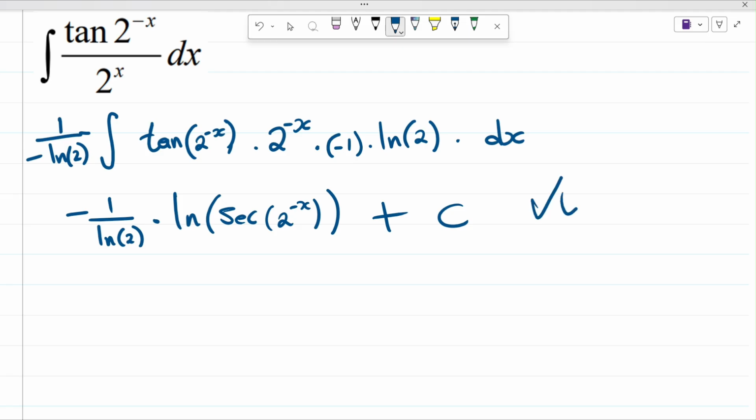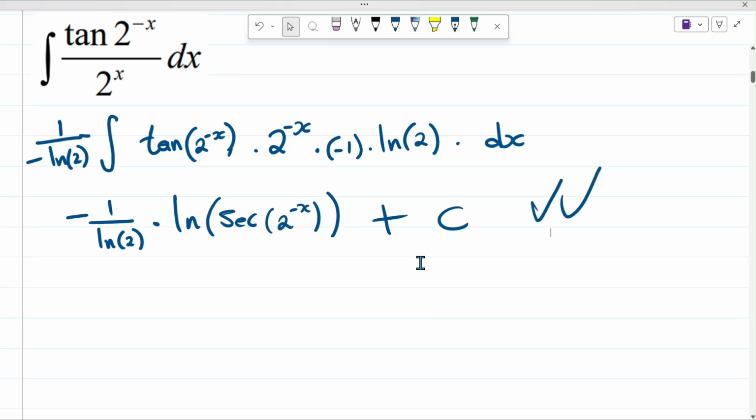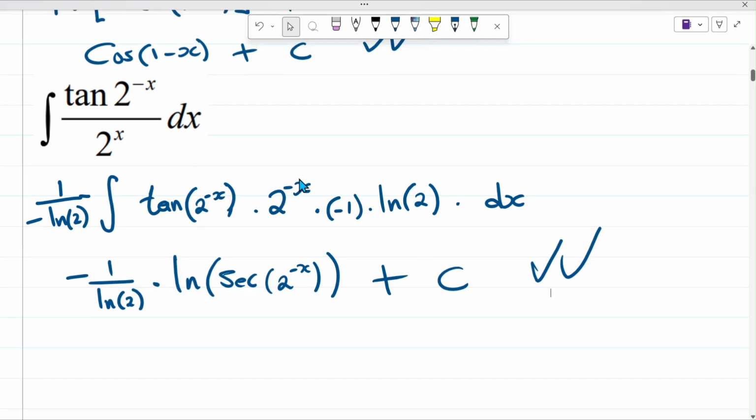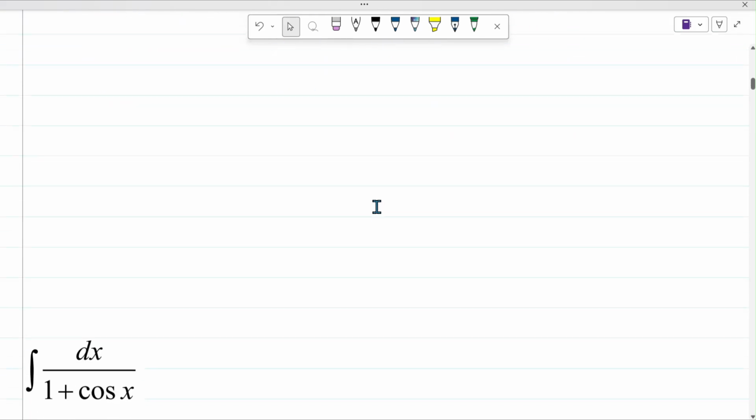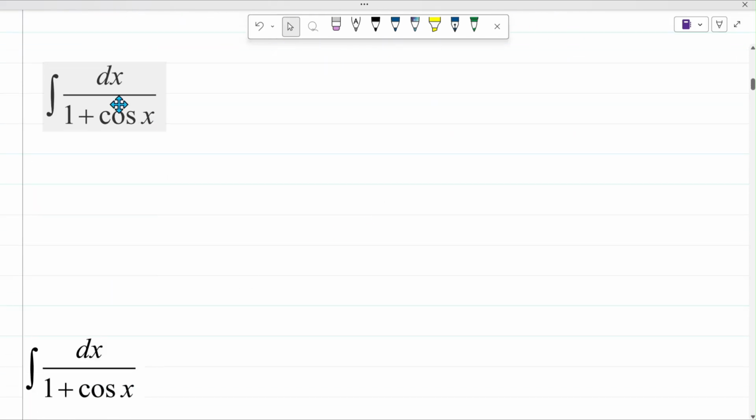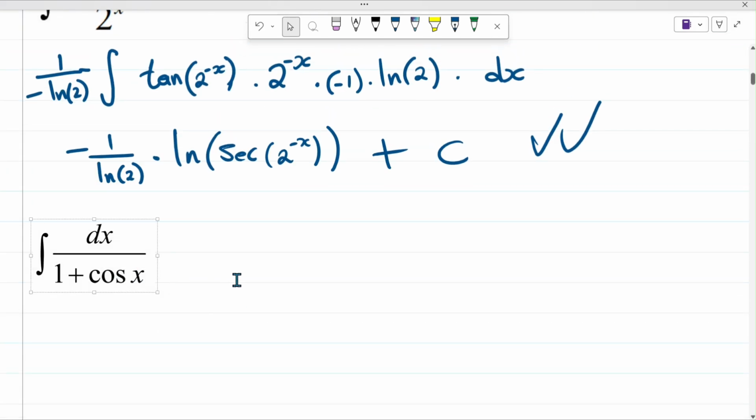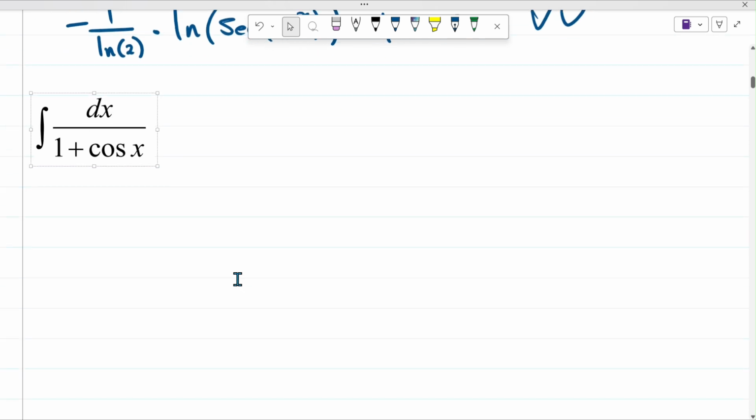Then ta-da, you have your answer. So that's how we assess integration of trig functions. So yeah, it's easy. I hope you are getting the concept.